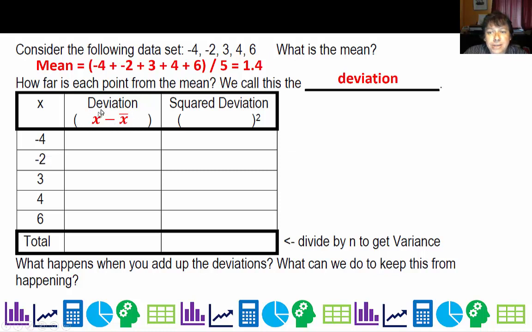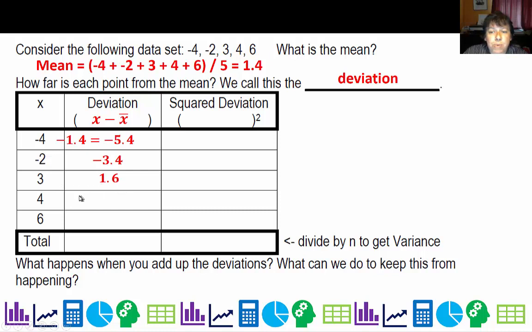It uses the formula x, the data point, minus x bar, the mean. -4 minus 1.4 gives me -5.4. That's my deviation.